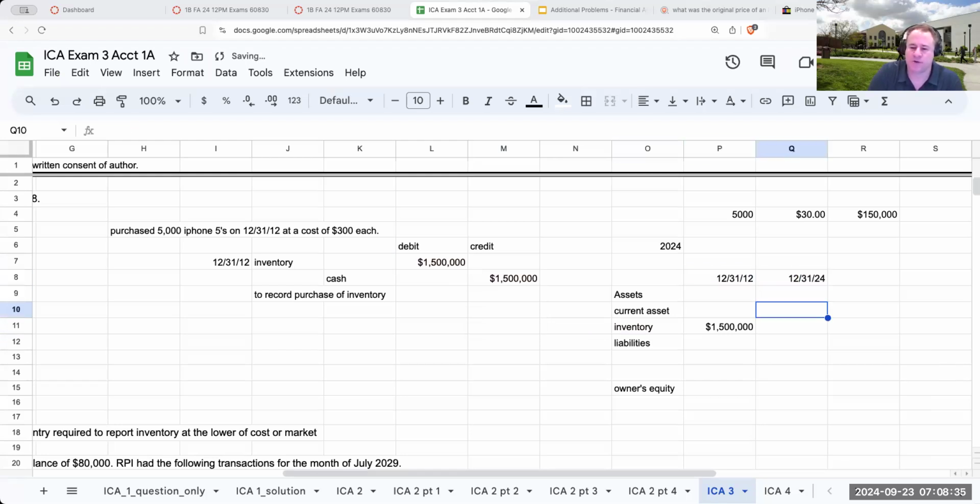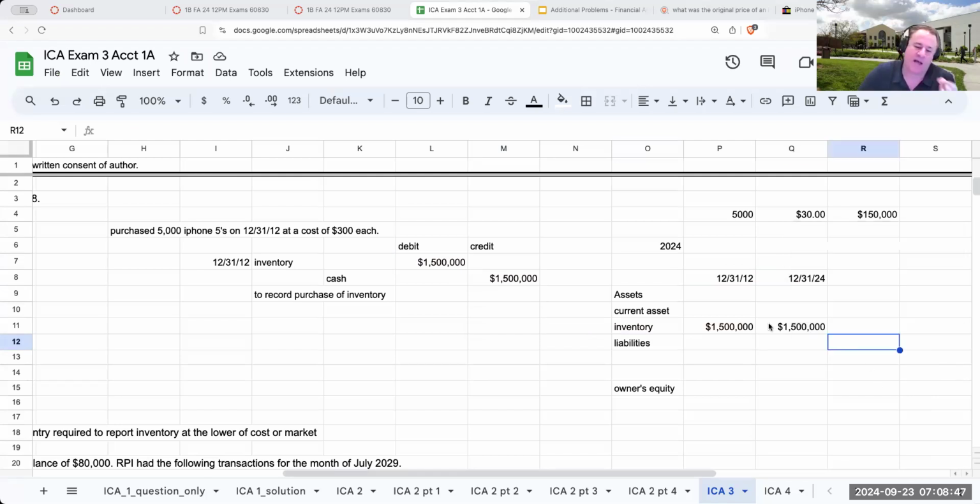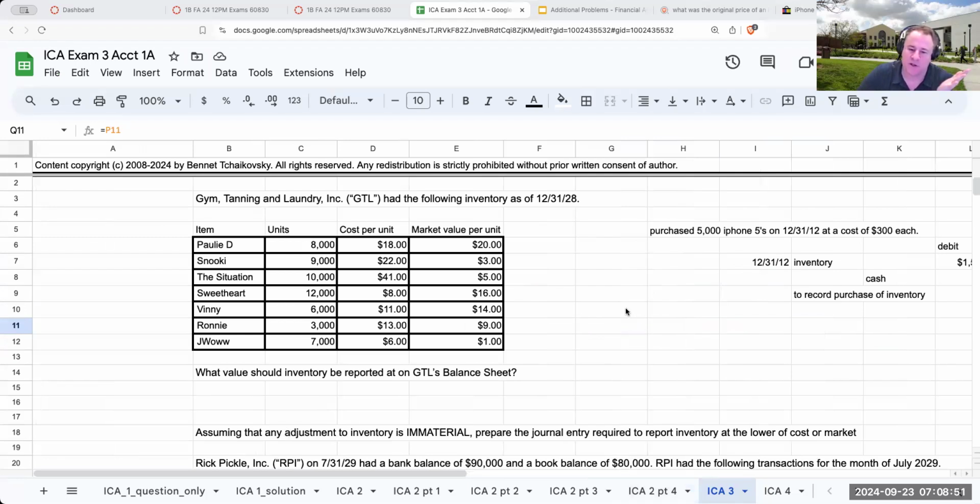But if I show this as of 12/31/24, I'm probably committing some sort of a crime because the inventory is not worth that anymore. So what I'm going to have to do is apply something called the lower of cost or market.